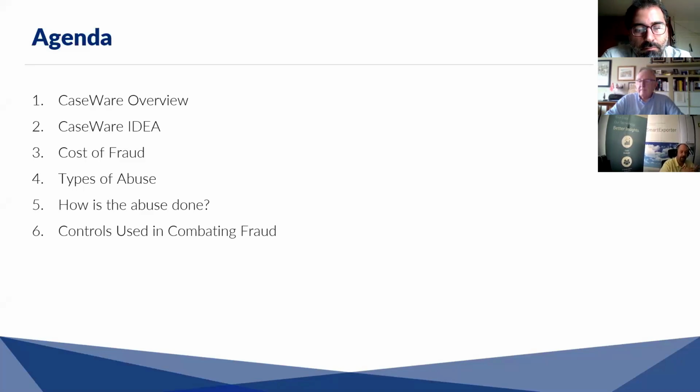Software was written by an auditor for the purpose of auditing for the Canadian government in the beginning of the 80s. This type of software is called CAAT, Computer Aided Auditing Tools.